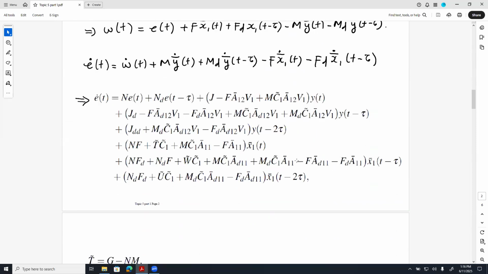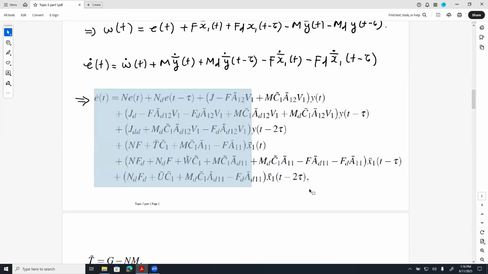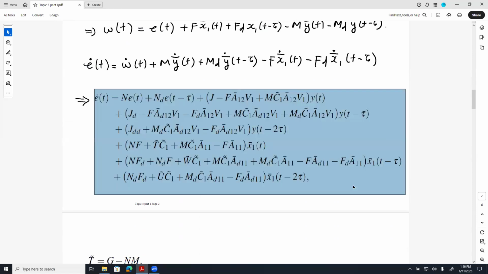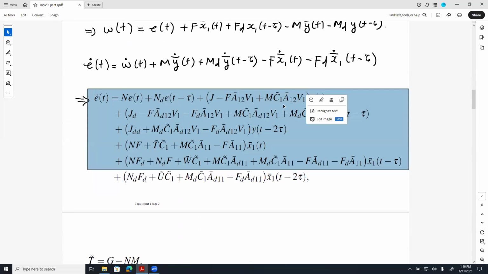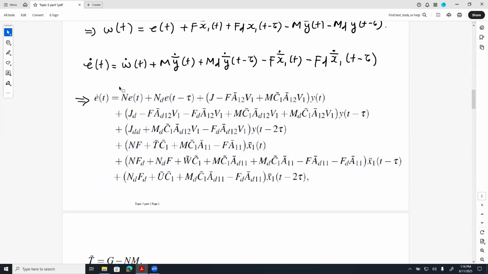And for the sake of simplicity in here, this is what we got. It looks fairly long, but when we actually examine it, it's basically in terms of this kind of dynamical error time delay system. And then there will be terms multiplied by the measurements y(t minus tau), y(t minus 2 tau).